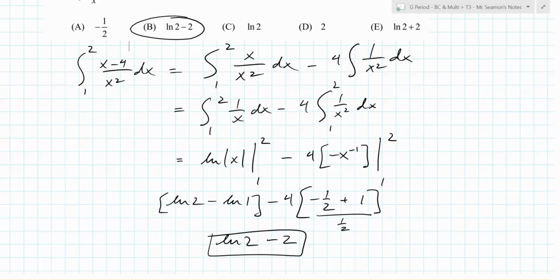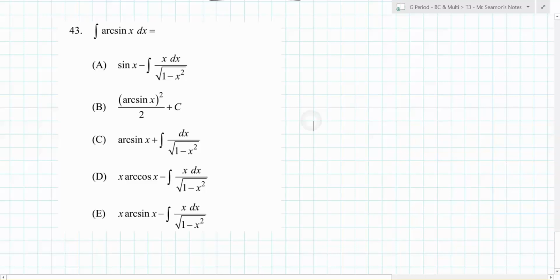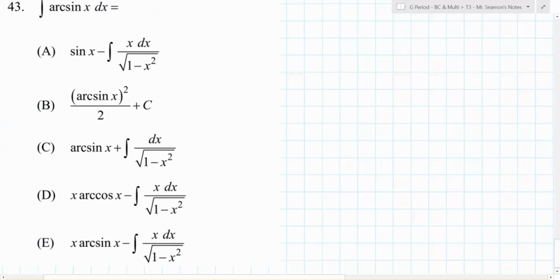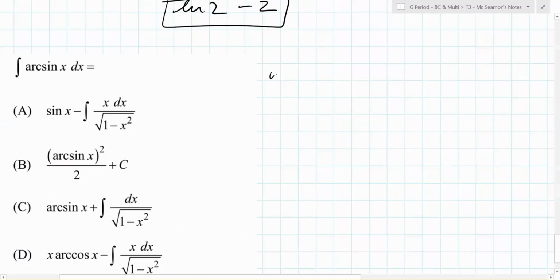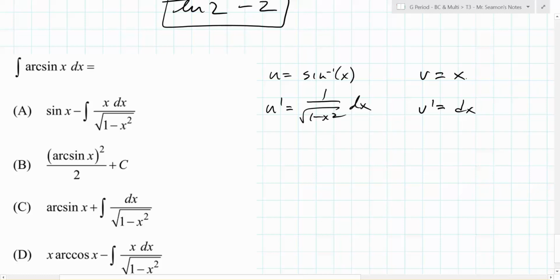Does that match the answer in the book? Yeah. Thank you. What did you set u equal to, Brenna? Sine inverse of x? So therefore, what's u prime? dx. So what does that make v prime? dx, or 1, yep. So v is equal to x. So by parts is the integral of what?